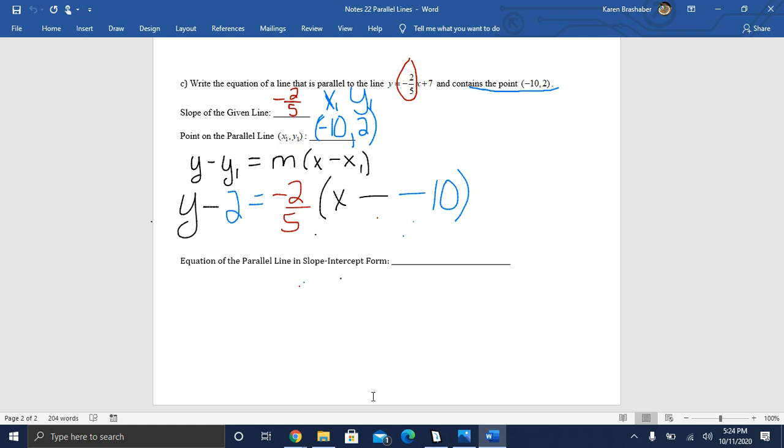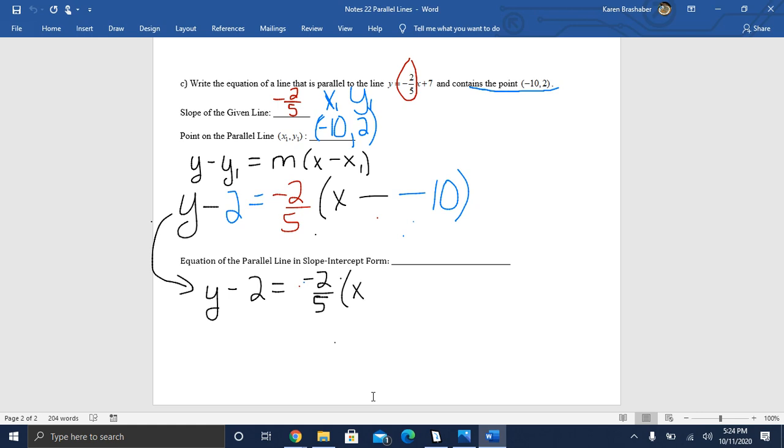It depends on your instructions as to whether or not you can leave your answer like this. I'm going to go ahead and have us get this to slope-intercept form. So I'm going to continue my work down here because I have more space. So y minus 2 equals negative 2/5.